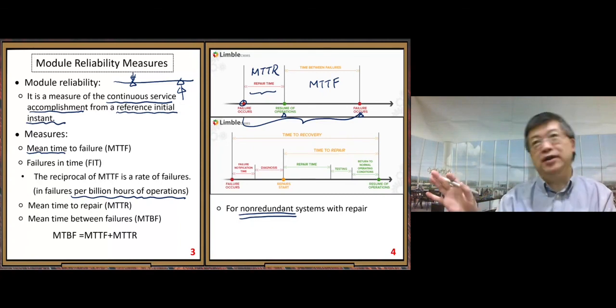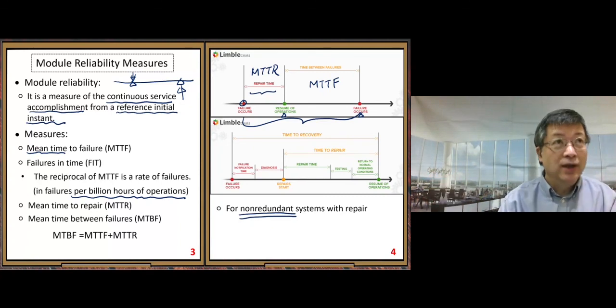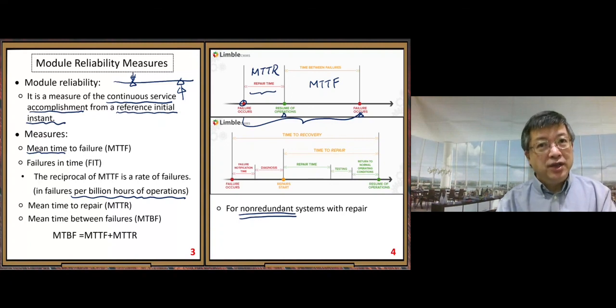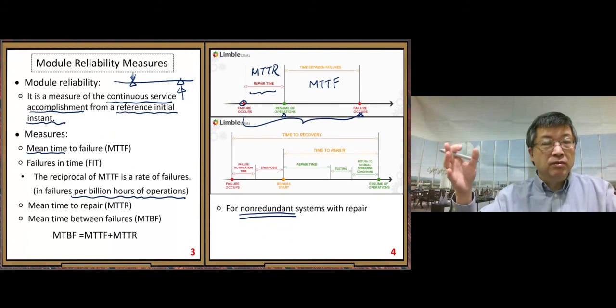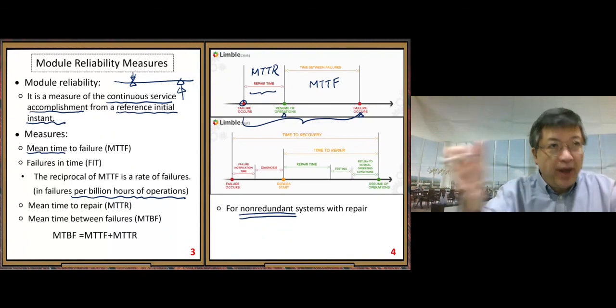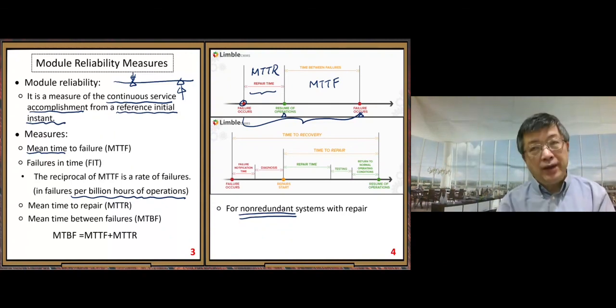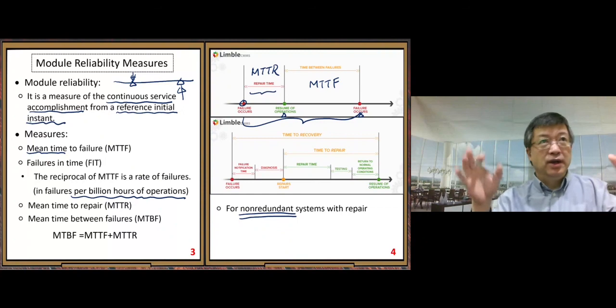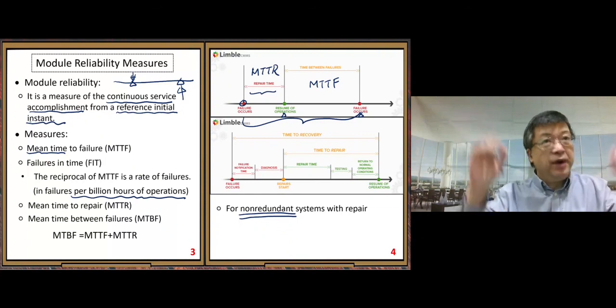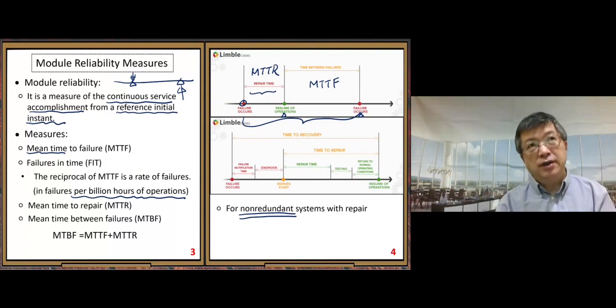With no redundancy, it's very easy to make the whole system break. When that happens, the cost is very high.